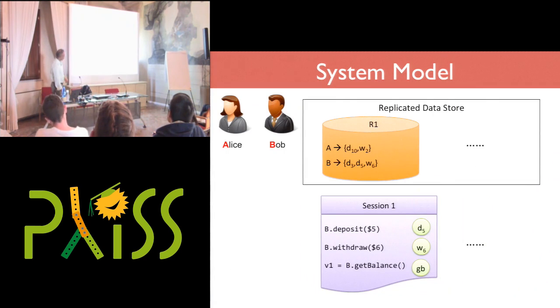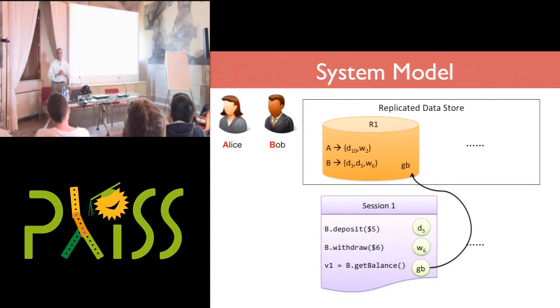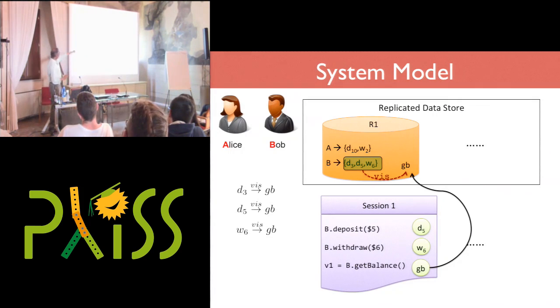As I mentioned before, there's this get balance operation that I might issue periodically. Bob, having deposited 5 and withdrawn 6, might ask, what's my current balance? But if that get balance operation is executed after replica n has transmitted the withdrawal of 6 to replica 1, we get to see all of the operations that have been issued thus far.